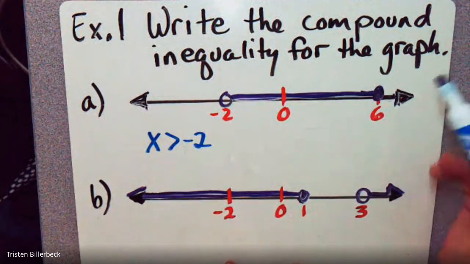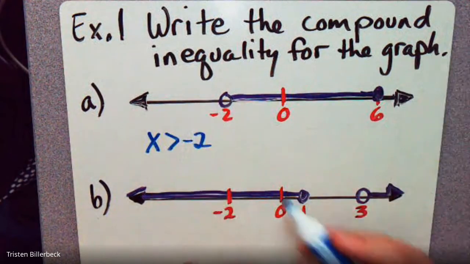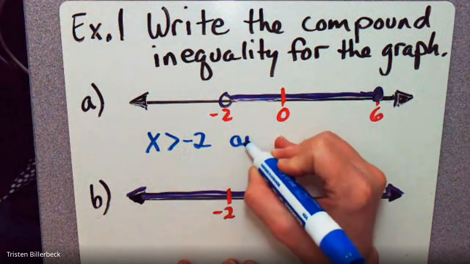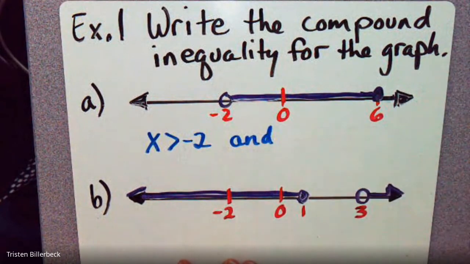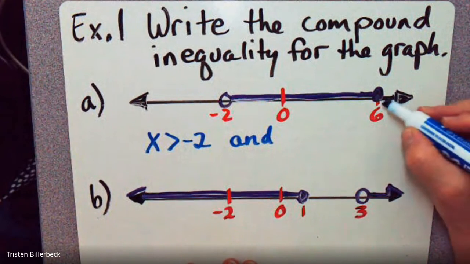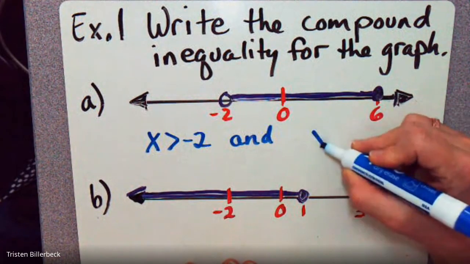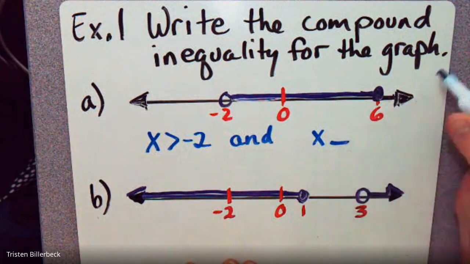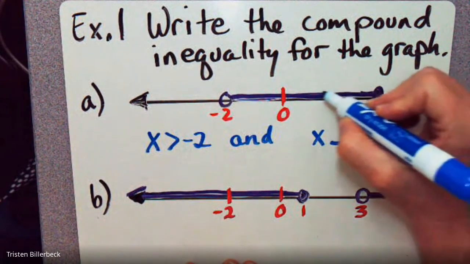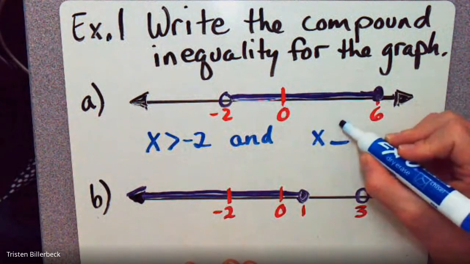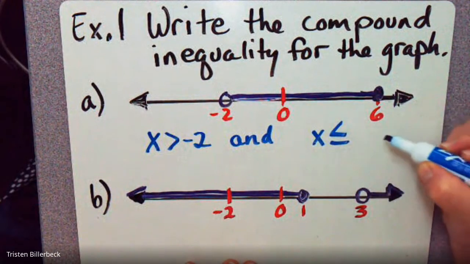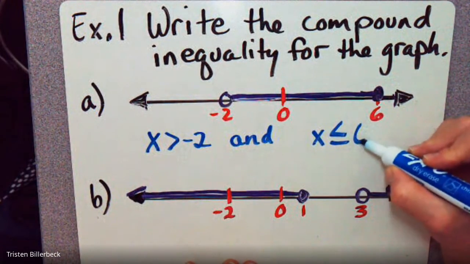We also see that it's enclosed like an and. So we're going to write and. And then we have a solid point here, which means x can be equal to it. So we can put a bar there. But then x is less than 6, so we're going to put the less than sign here, and then 6.